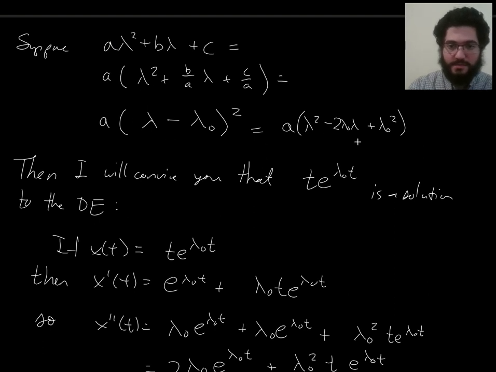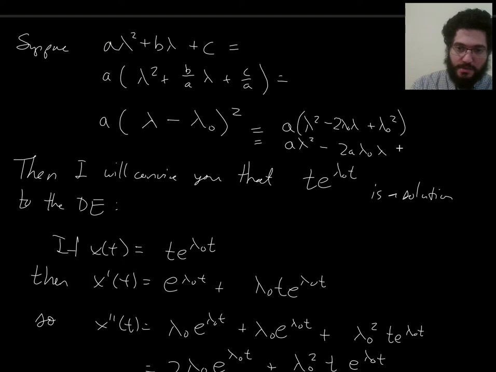Then I can distribute the a: a lambda squared minus 2a lambda naught lambda plus a lambda naught squared. We're saying that this is the same as a lambda squared plus b lambda plus c. Now, polynomials are equal if and only if the coefficients are equal.